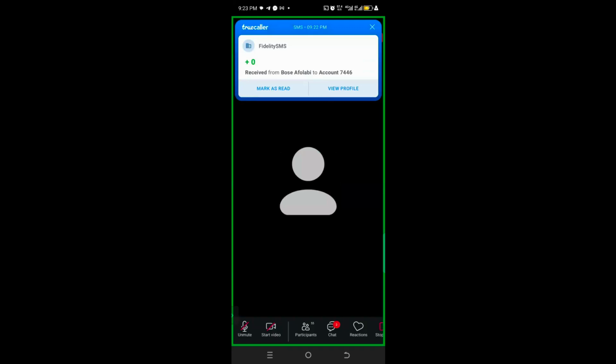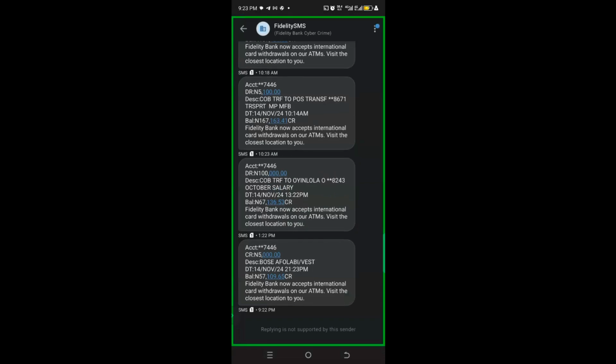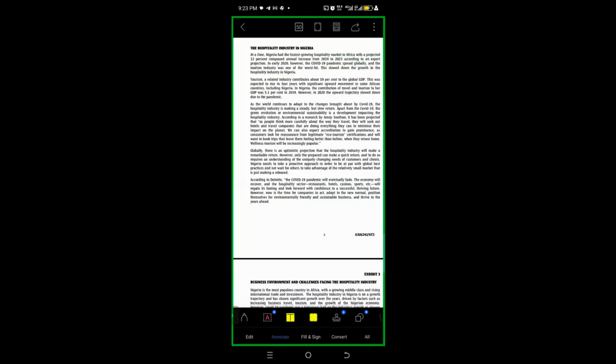Okay, some of the opportunities that are found in the hospitality industry in Nigeria are the opportunity to digitalize business activities, because already the government has spent a huge amount of money to ensure economic diversification.